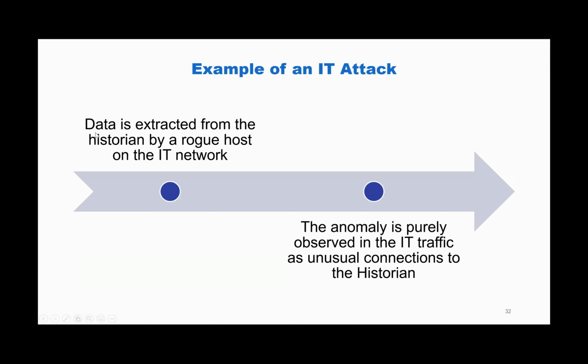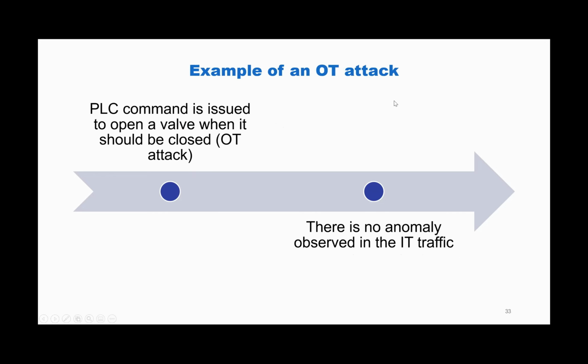So if data is extracted from the historian by a rogue host on the IT network during the exercise, as well as on 19th of September, the anomaly is purely observed in the IT traffic as an unusual connection made to the historian database server. So this is a pure IT attack, and this should be classified as an IT attack.